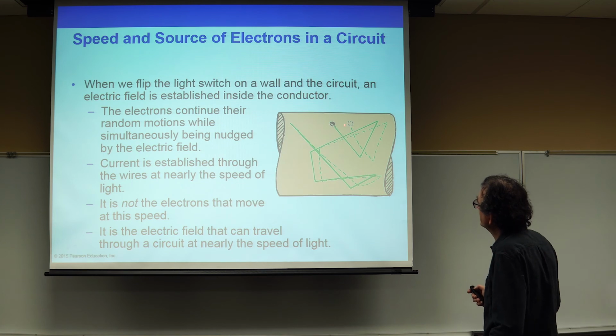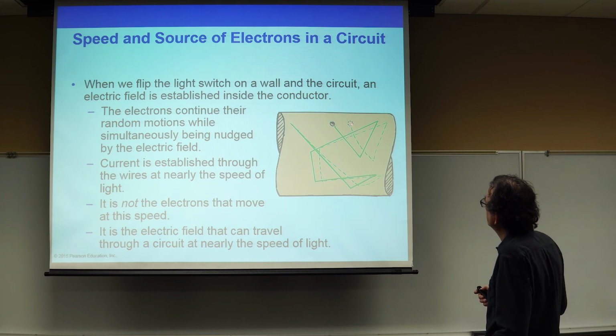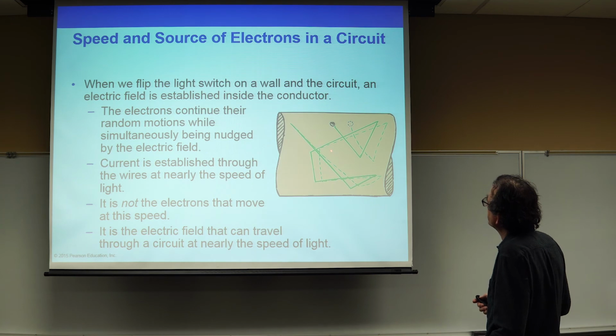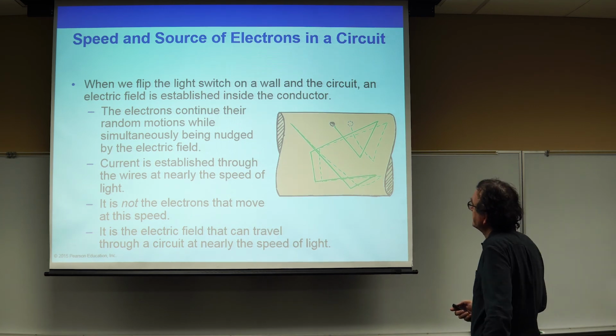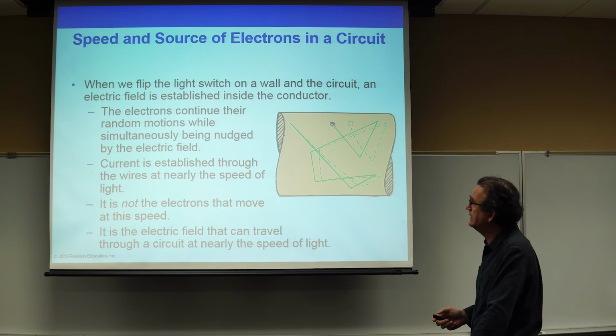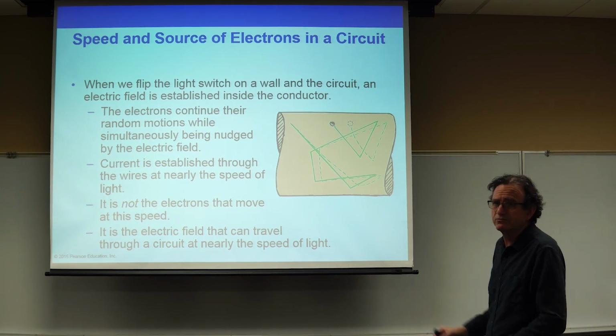This electron, which was originally here, is slowly migrating across, but it's doing so at a very slow pace because it's going through all these collision effects that tend to slow it down. So the current is established through the wire very, very quickly, but what is happening is not that the electrons are moving quickly, but that all the electrons are moving slowly.